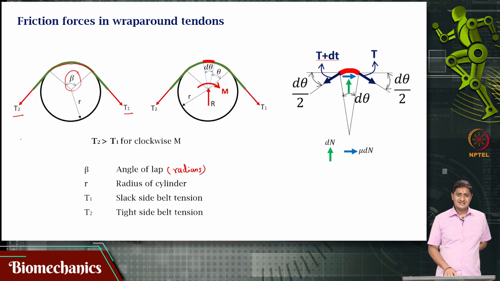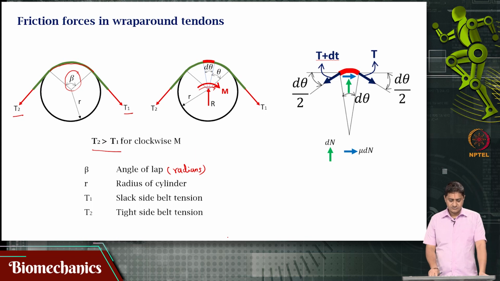If an external rotation capital M is applied as shown in this picture, T2 can be assumed to be greater than T1. For the sake of discussion, let us assume T2 is greater than T1. Here, small r is the radius of the cylinder.